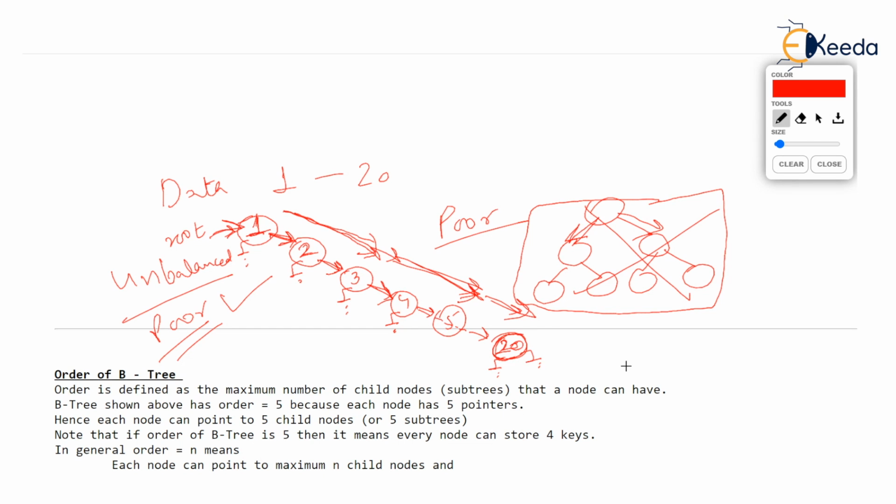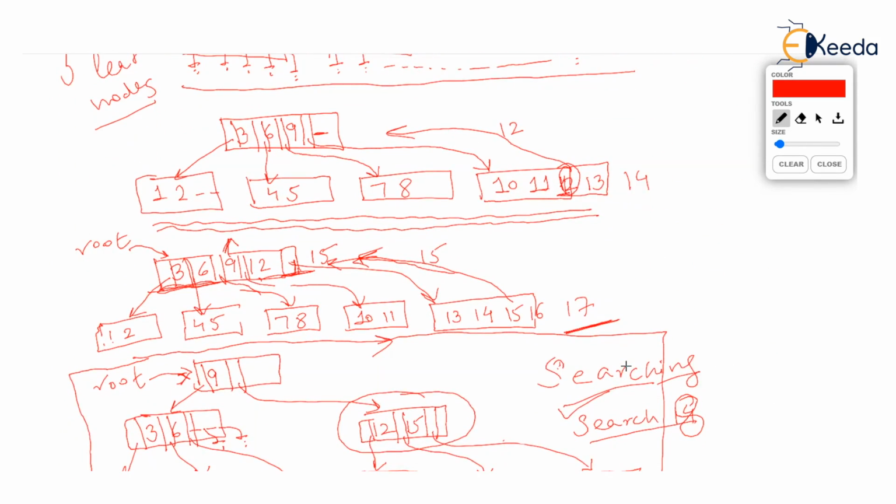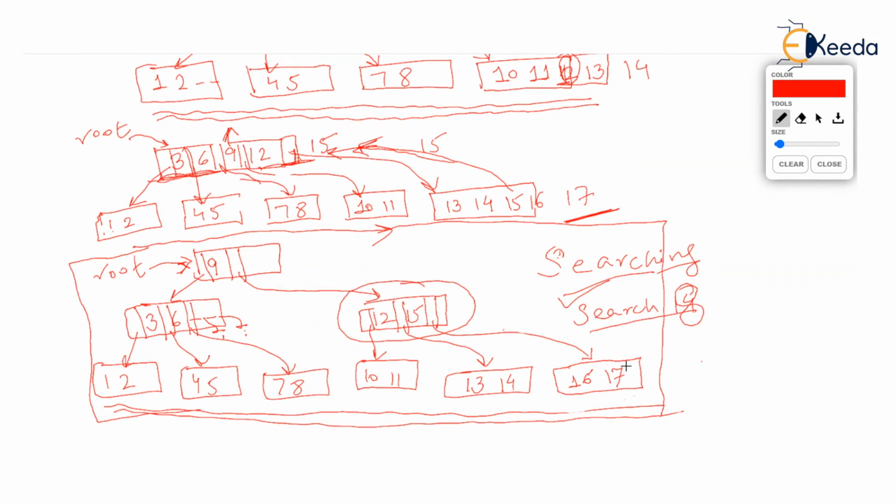When the data structure is not too deep, you have very few nodes at deeper levels. I hope you are getting my point here. The deepest level over here is basically level 2: level 0, level 1, and level 2.